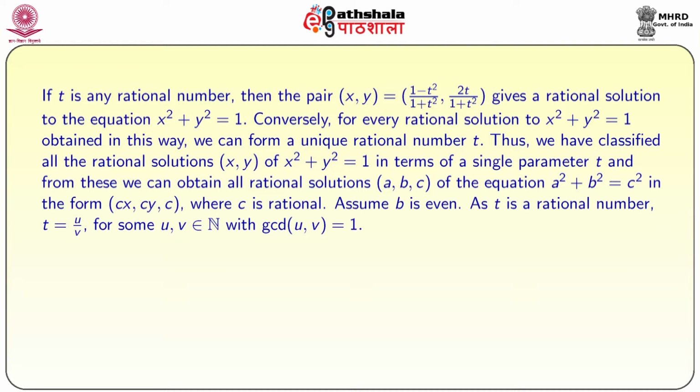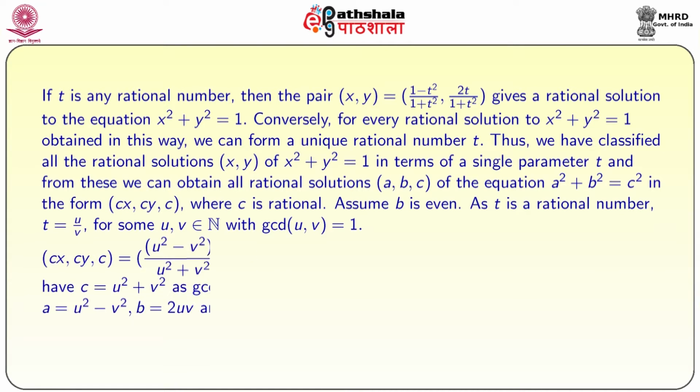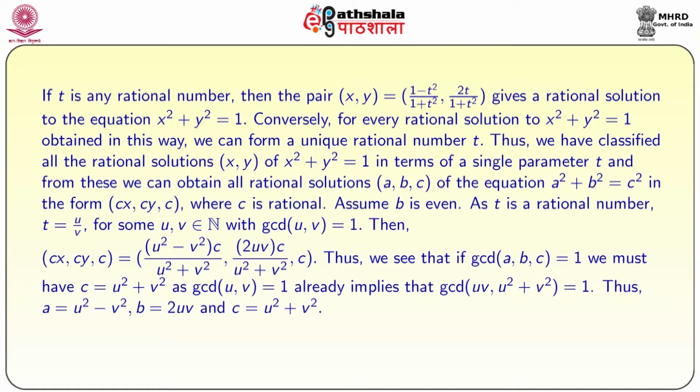Assume b is even. As t is a rational number, t is equal to u by v for some u, v belonging to N with GCD of u, v equal to 1, then (cx, cy, c) is equal to ((u square minus v square) c by (u square plus v square), 2uvc by (u square plus v square), c).